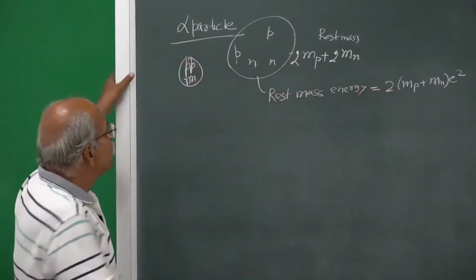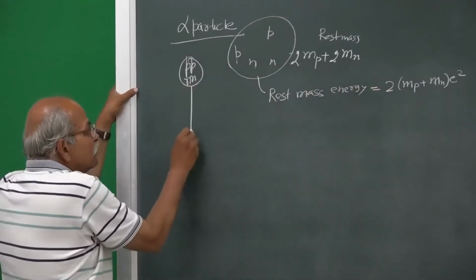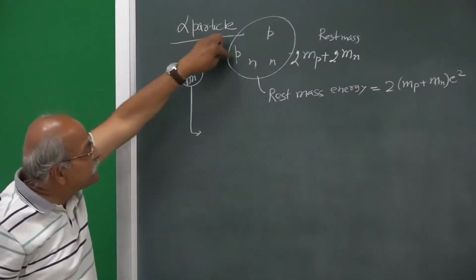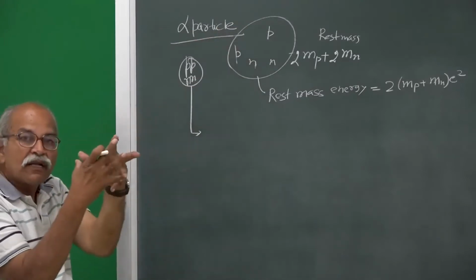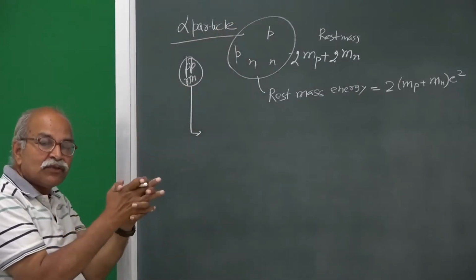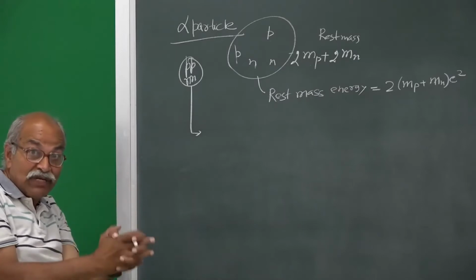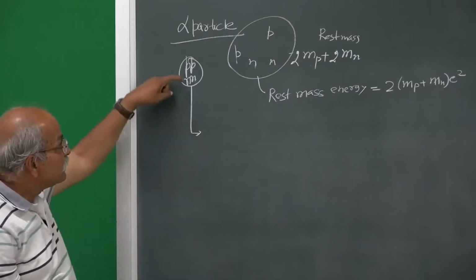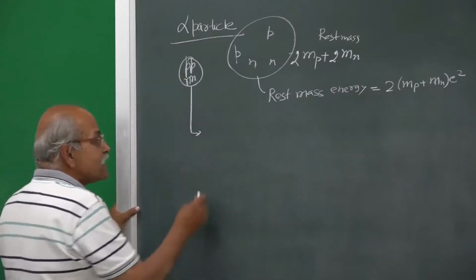But when these 4 particles are bonded together so that they make a nucleus, the helium nucleus which you call an alpha particle, now the rest mass energy is less.